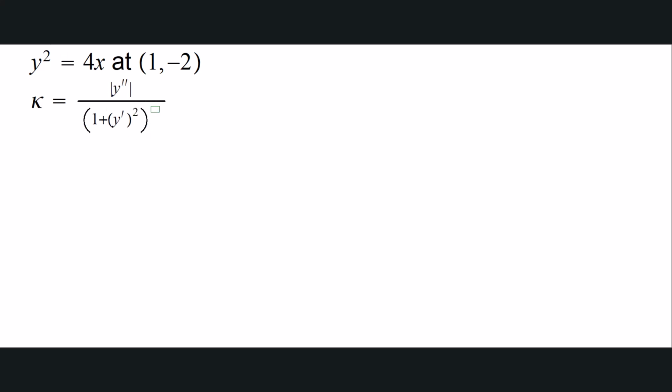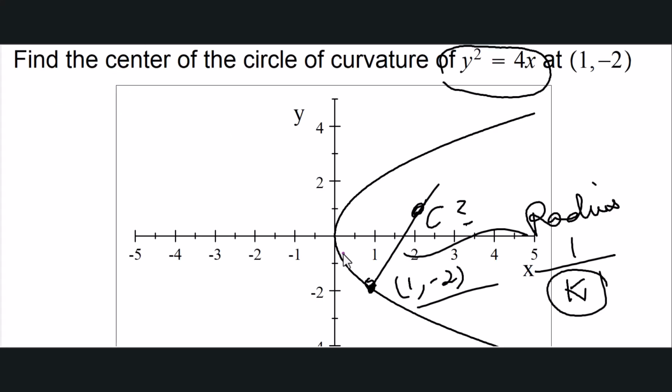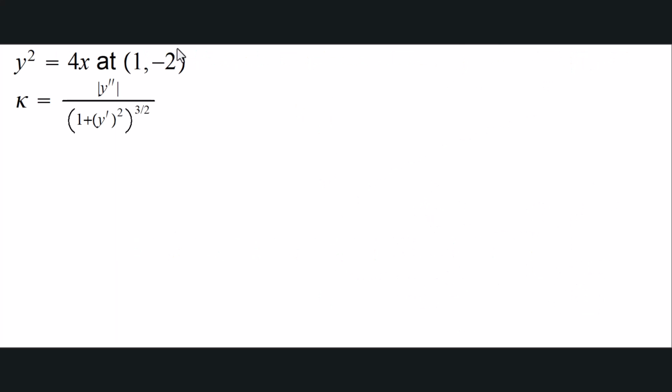This is the formula for the curvature, and we know that this equation gives us y as an implicit function of x. So what we can do is differentiate this equation implicitly.